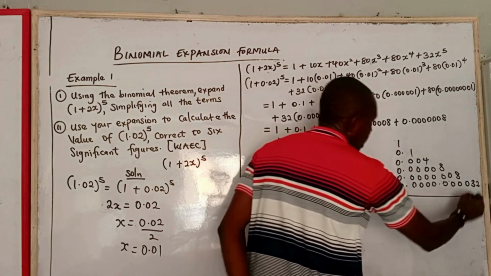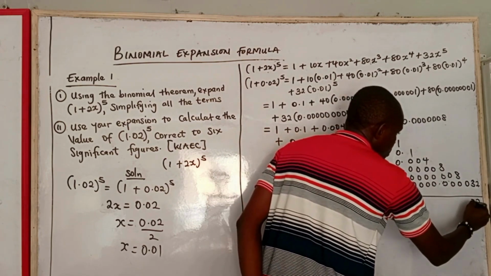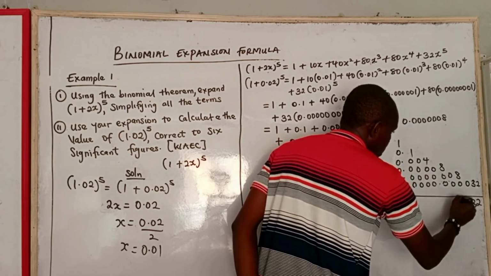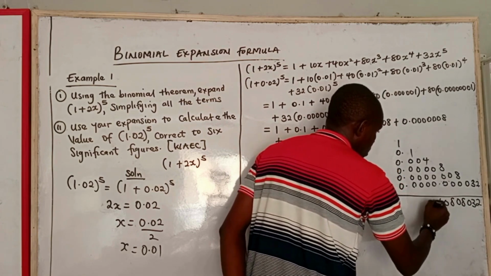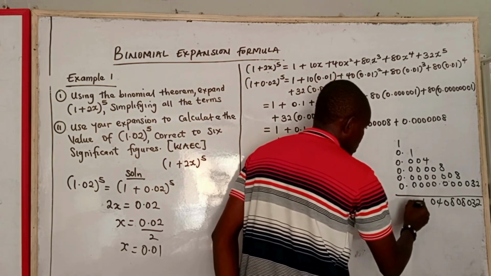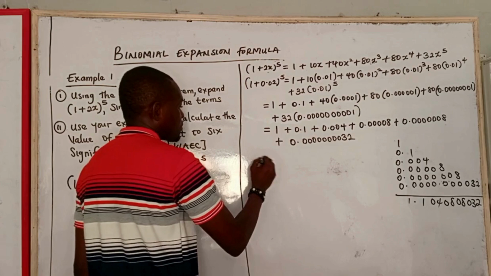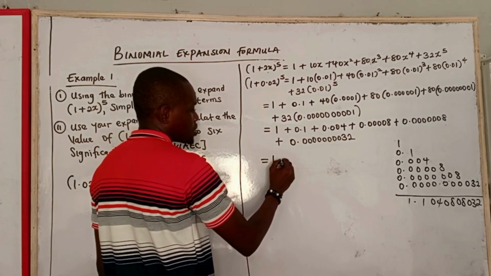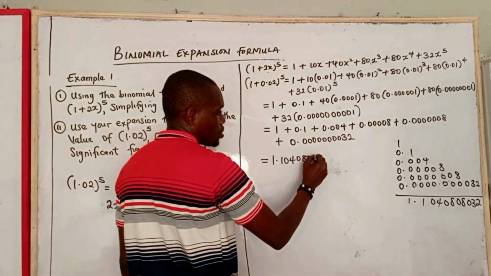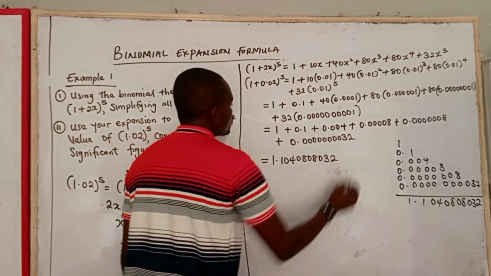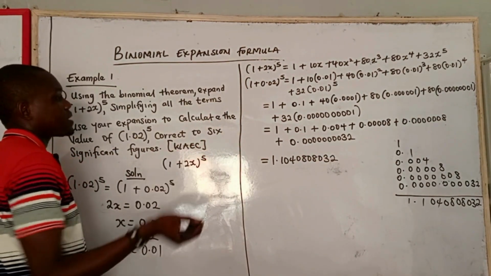So by the time you add now, you should have 1.10408032. So our final answer should give us 1.10408032.